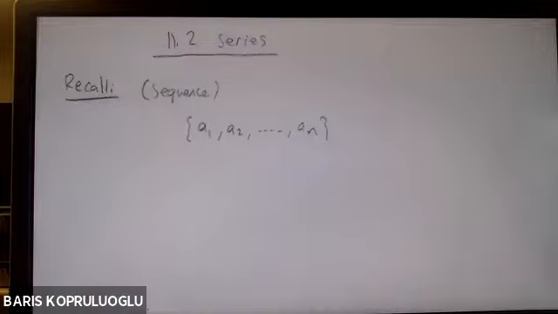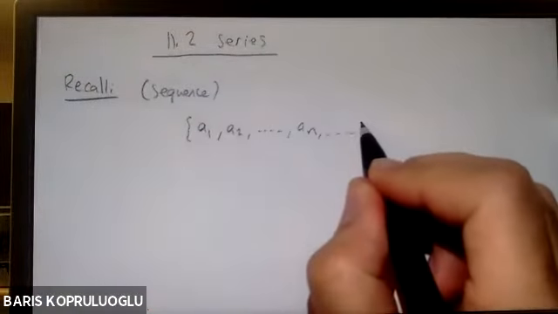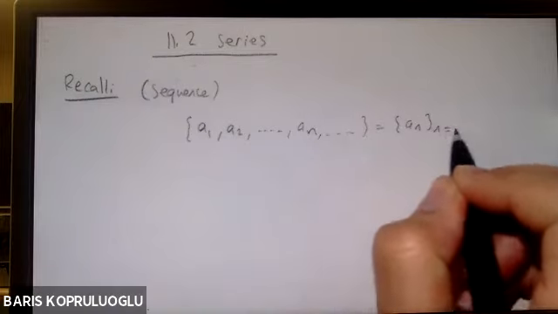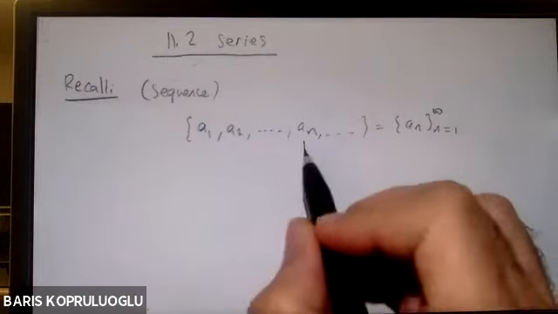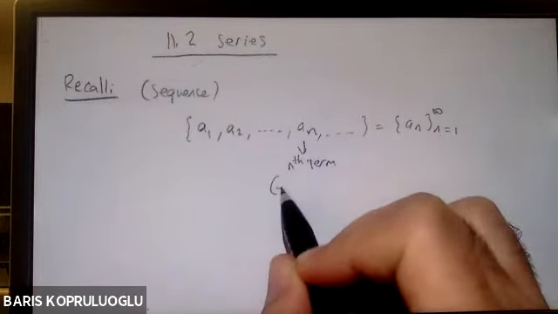It doesn't have to be finite, it can be infinite. And this is how we show it. And a_n is called the nth term or general term.